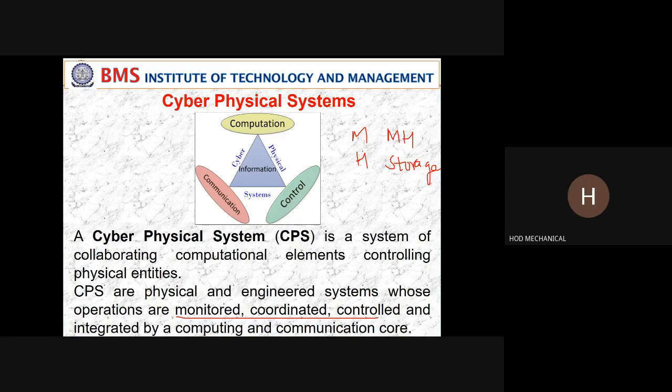How are you going to monitor, coordinate, control, and integrate them? The cyber physical system takes care of monitoring, coordinating, controlling, and integrating these physical systems through computation, communication, or control means. This is what the cyber physical system is all about.